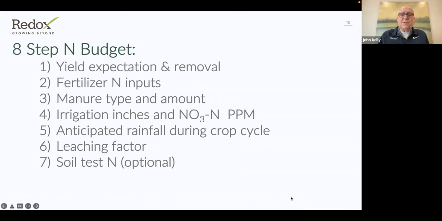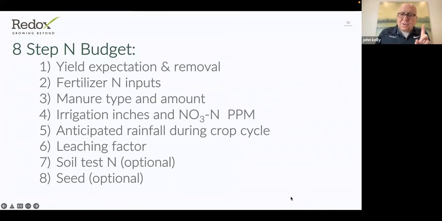Soil test nitrogen is not a tremendously reliable way to determine nitrogen availability, and you could even include the seed input. The idea of this nitrogen budget is you want to be at or near 100%. If you're at 120%, that would mean that you've got too much nitrogen in the system. If you're at 80%, too lean. So the idea is you want to achieve about 100%. So that's a great place to start.